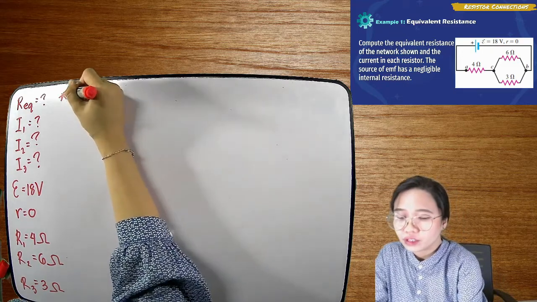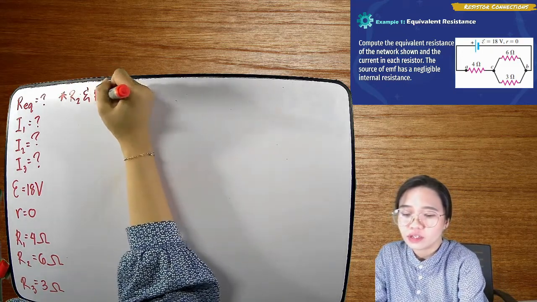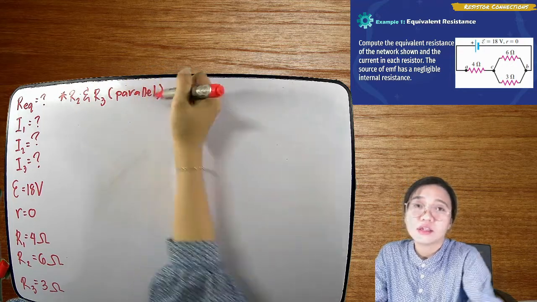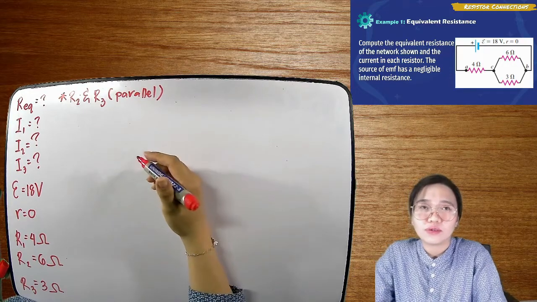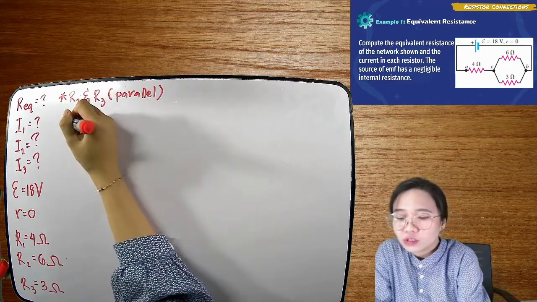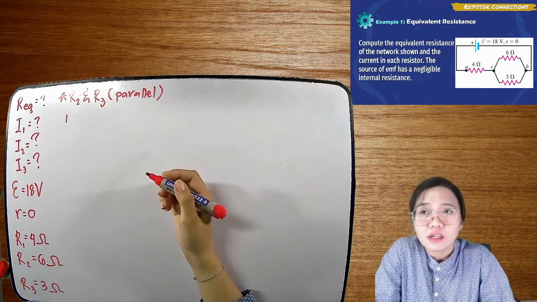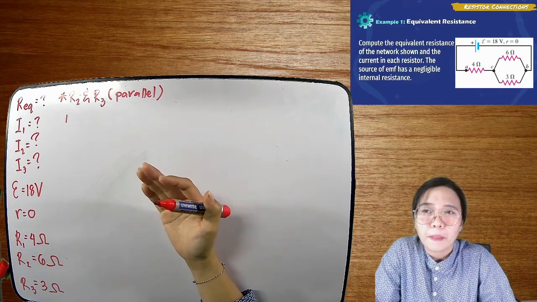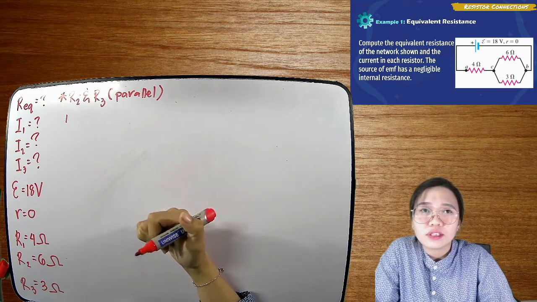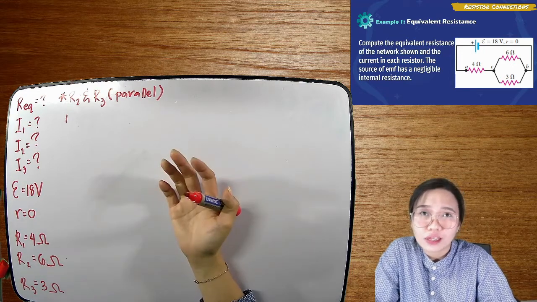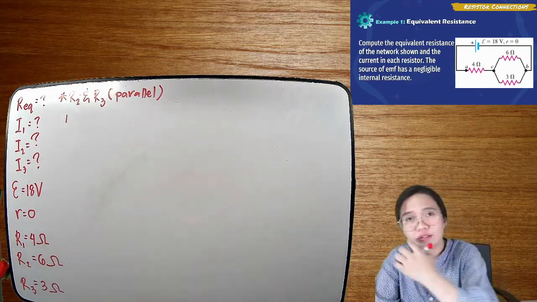So we will write here R2 and R3 in parallel. Remember, for a parallel connection, since it will not be our final answer, I will name the equivalent resistance of 6 ohms and 3 ohms as R23, okay? I will reserve REQ for the final answer, the equivalent resistance.